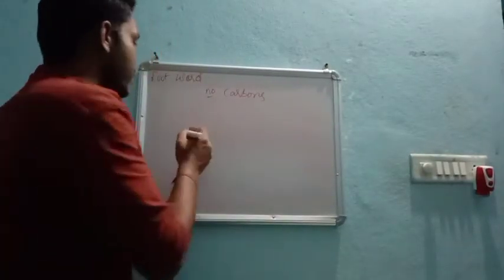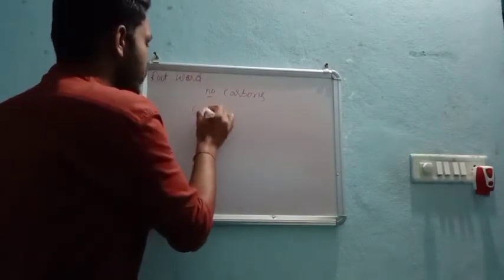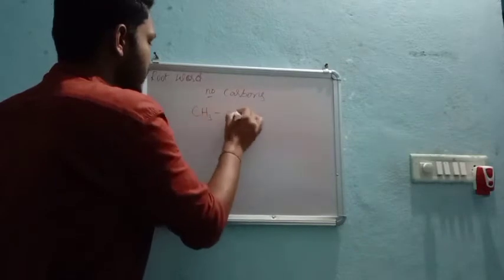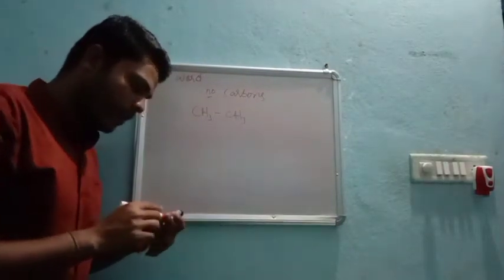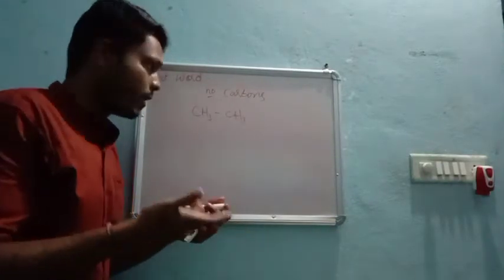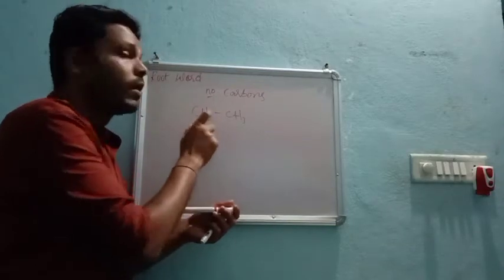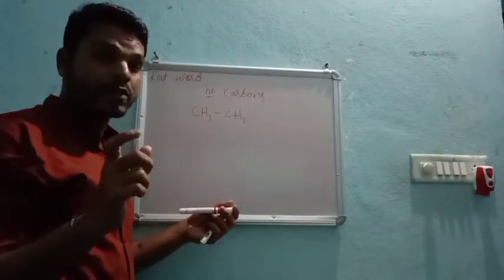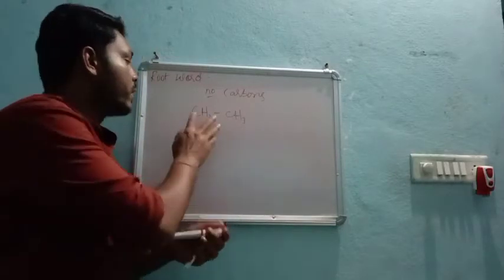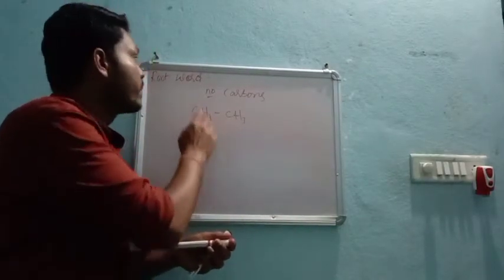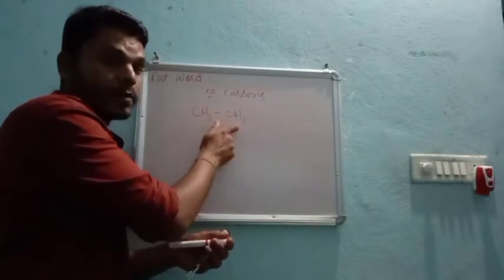Say, for example, CH3, CH3. Before going directly to the naming, we must have a glance over the number of carbon atoms present in the given organic compound. The root word explains how many carbon atoms are present.